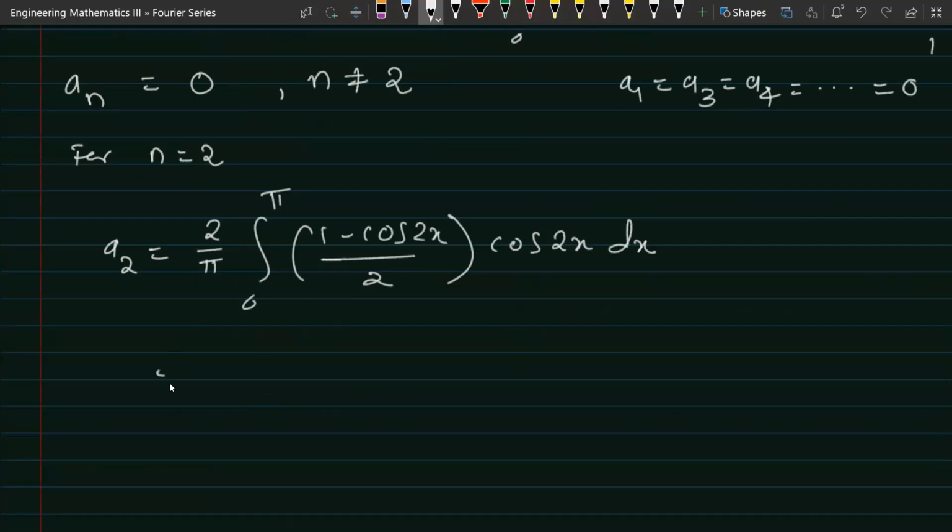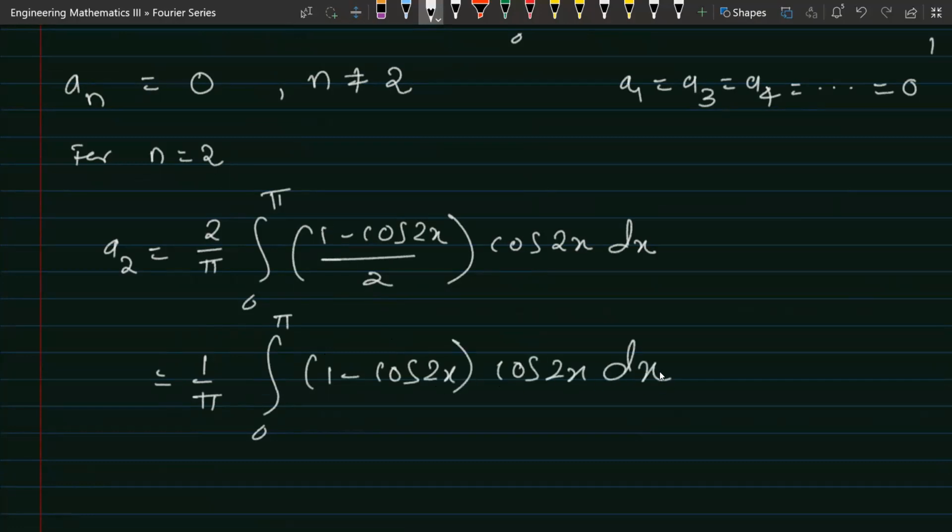The 2 gets cancelled, only 1 upon pi integration 0 to pi. Then again use that previous result over here. I get 1 minus cos of 2x into cos of 2x outside, dx.